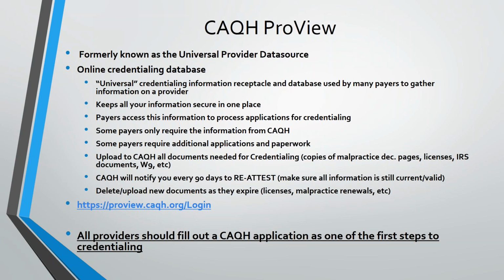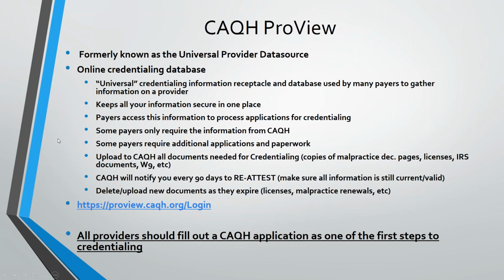One of the very first steps to credentialing should be to fill out, if you haven't already done so, a CAQH application. And when we do credentialing for a provider, that'll be one of the first steps we do, is to determine whether the provider has a CAQH application, and if so, is it up to date?